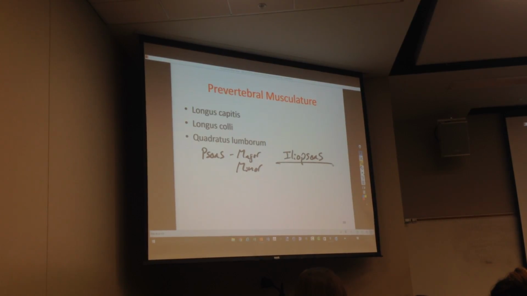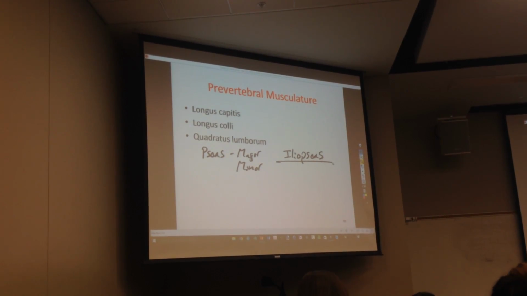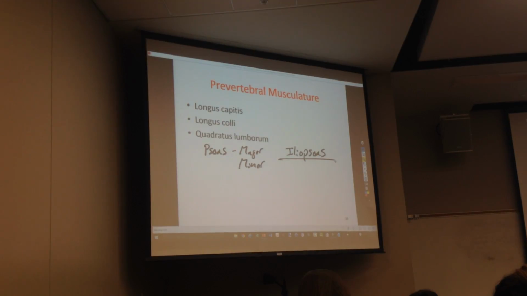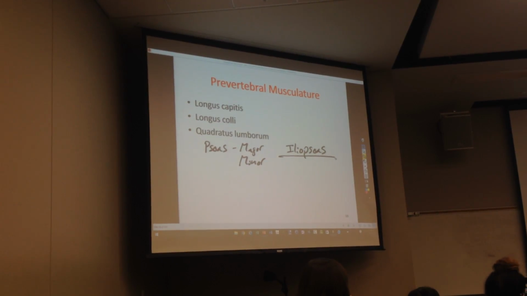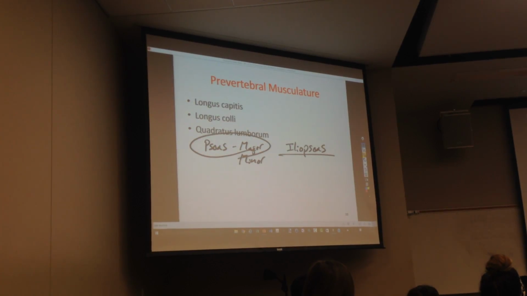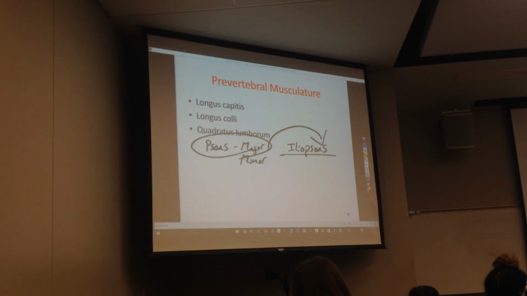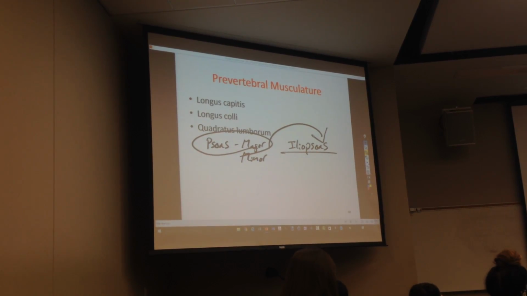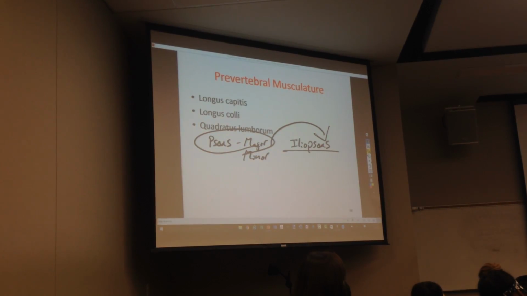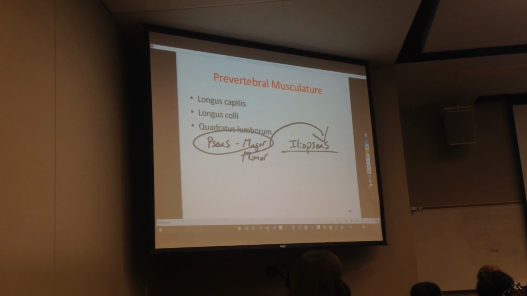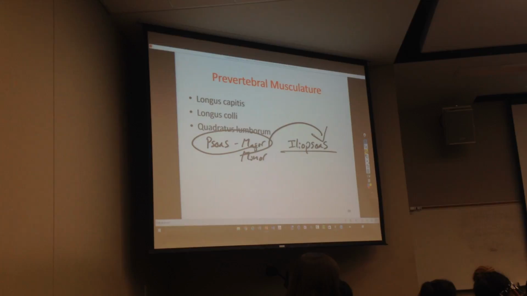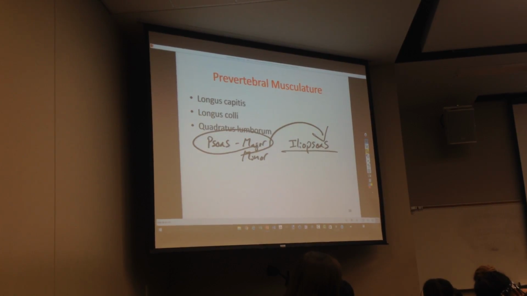The reason why I bring it up is iliopsoas is not one muscle. Iliopsoas is actually a combination of two different muscles. One of the muscles that contributes to the iliopsoas is the psoas major, okay? So technically, iliopsoas is not one muscle. It's actually two muscles that have then combined and they have a shared insertion. It's sort of weird, okay? But the psoas part of it is originally a prevertebral muscle, okay?